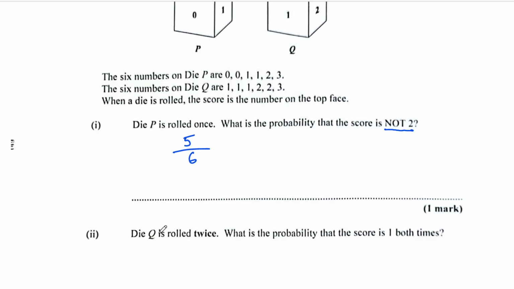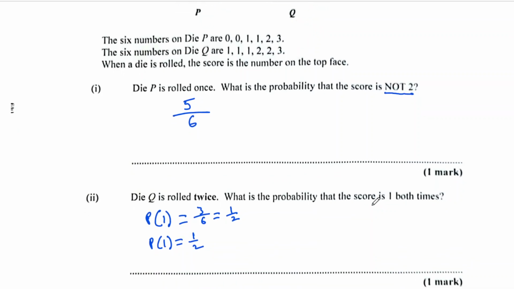So the die Q is rolled twice, and I want the probability that the score is 1 both times. On the first throw, we find the probability of our 1 occurring on die Q. We have 3 ones out of 6, so it's 3 out of 6, which is a half. On the second roll, the probability of our 1 occurring will be the same, a half again.